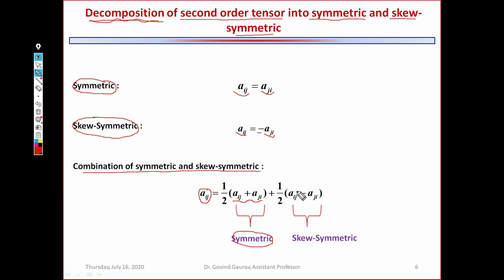And the second part is skew symmetric, when aij is equal to the negative of aji. So any matrix can be represented as a combination of the symmetric part and the skew symmetric part, which is known as the decomposition of the matrix.